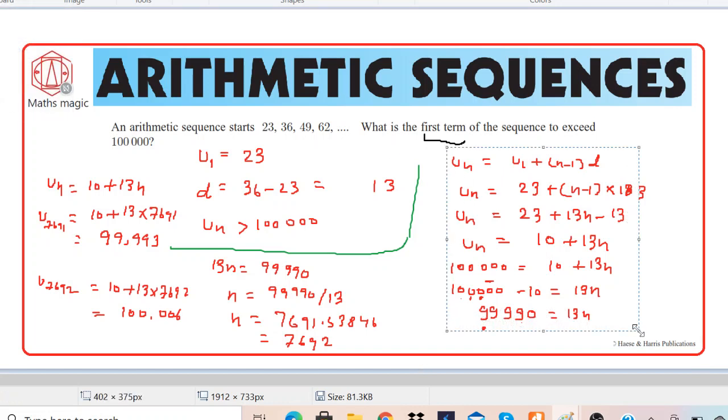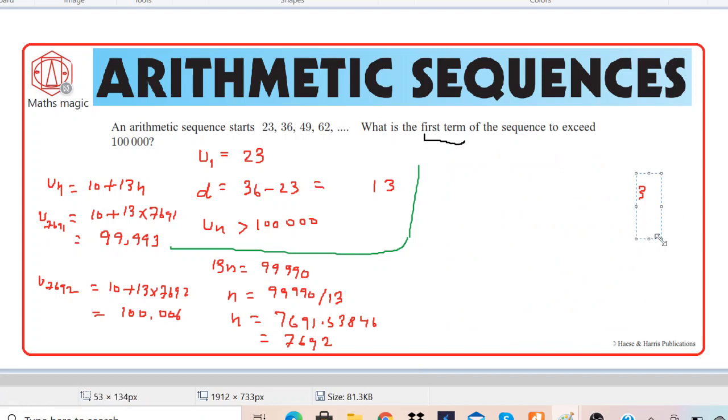So the first term which is greater than 100,000 is 100,006, right? And this is possible when n is 7692. So you can say u7692 is equal to this much.